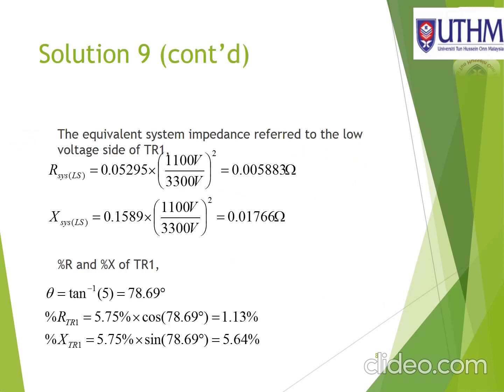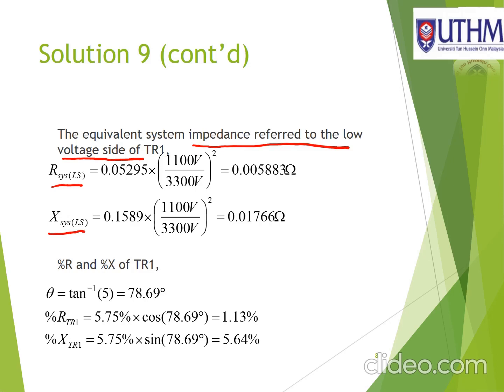Next we have to calculate the equivalent system impedance referred to the low voltage side of the transformer. This formula was already explained in part 1. By using this formula, we can get R system referred to the low side and X system referred to the low side.